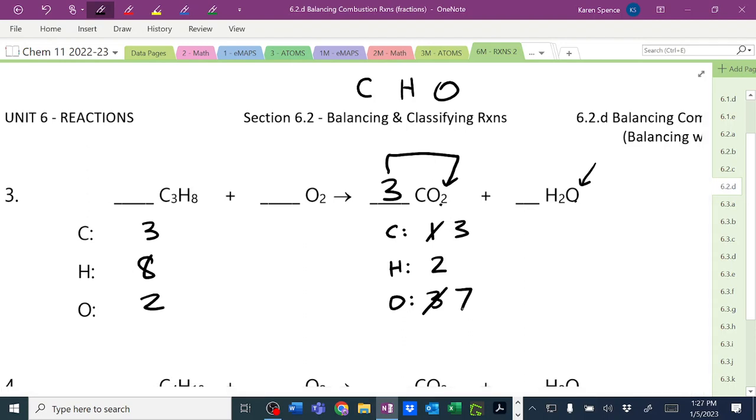Hydrogen. We have 8 hydrogen on the left and 2 hydrogen on the right. So we need to multiply the water by 4. That changes hydrogen to 8, but it also changes our oxygen to 3 times 2 is 6 plus 4 is 10.